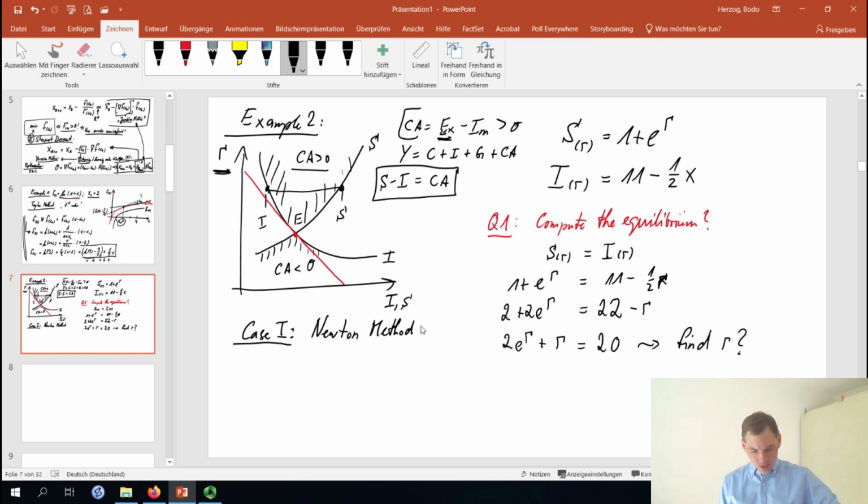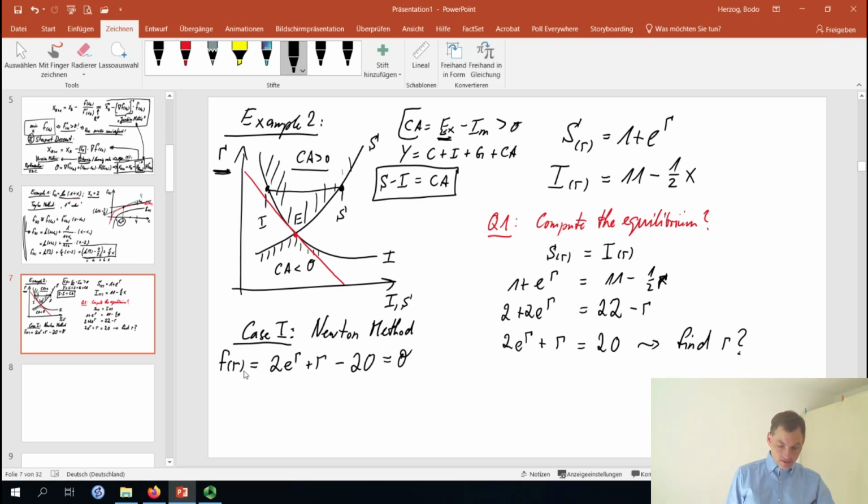Okay, so I can rewrite this as the following equation: 2 e to the r plus r minus 20 is equal to 0. So this is now a function that is equal to 0, and we want to find for which r this holds.